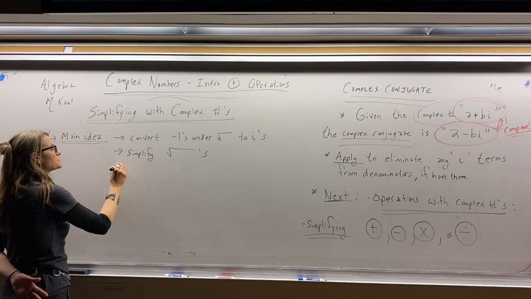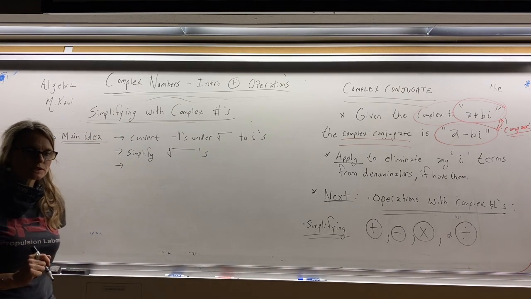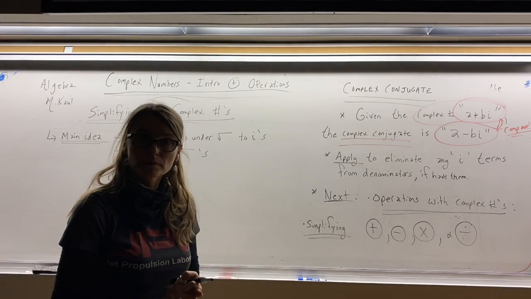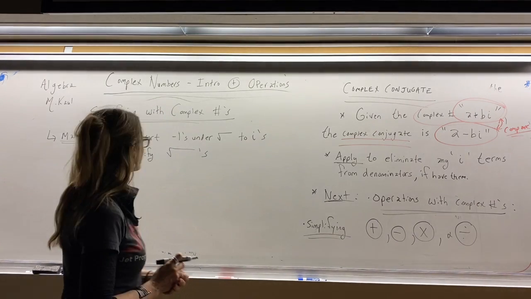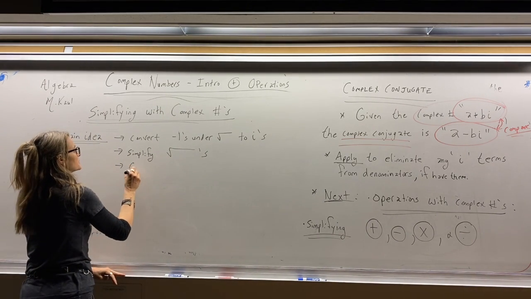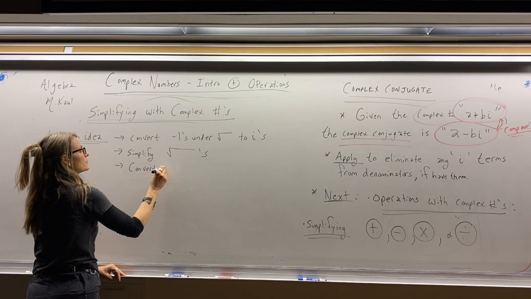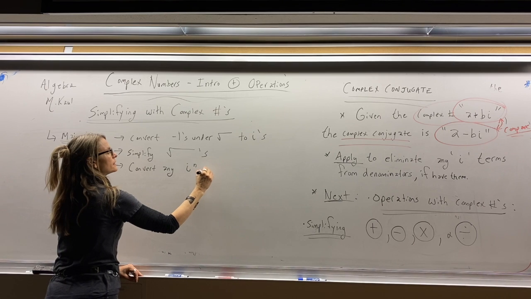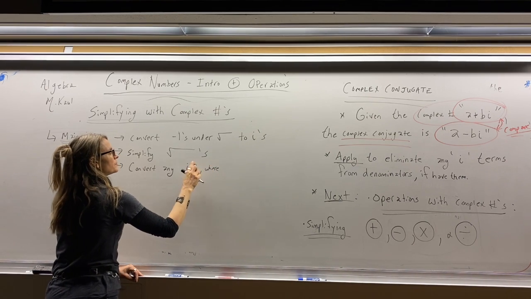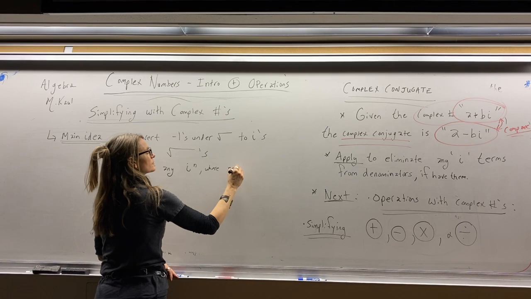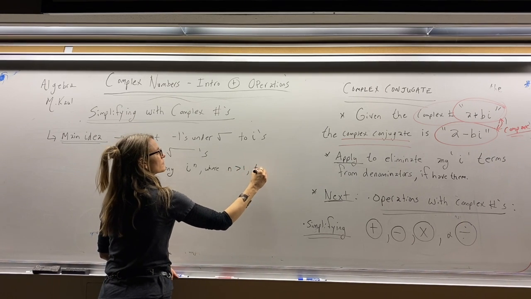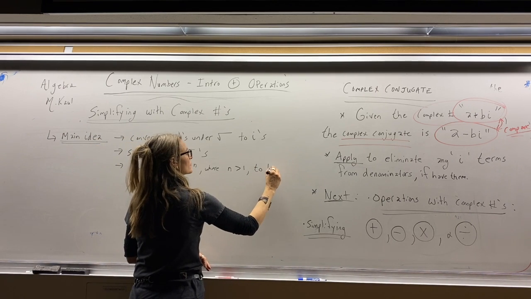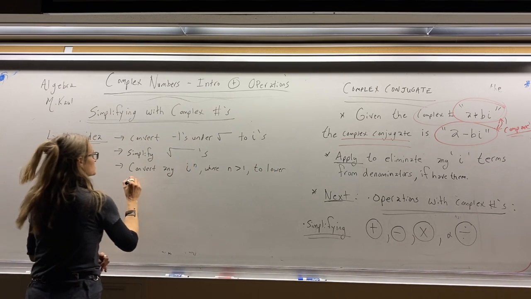And the next step we're going to do is reduce any complex number that has an i exponent greater than 1 to the power 1. So convert i to a greater power, where n, to a lower exponent.